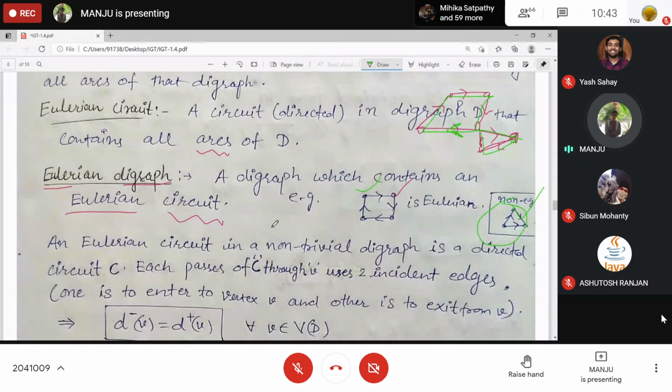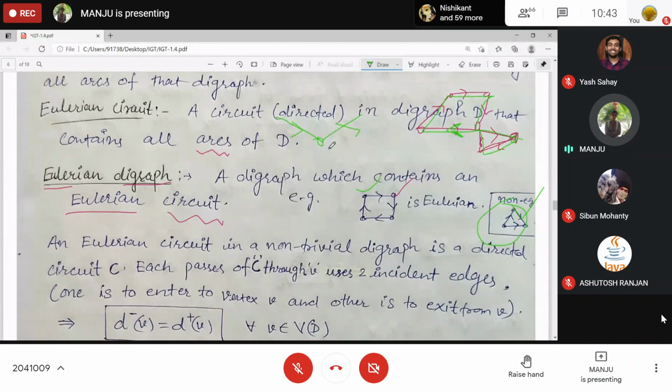Now, whenever you have an Eulerian circuit, obviously in a non-trivial digraph, that is a directed circuit. Obviously, it is passing through B using two incident edges. One is coming to the vertex and one is going out, right?